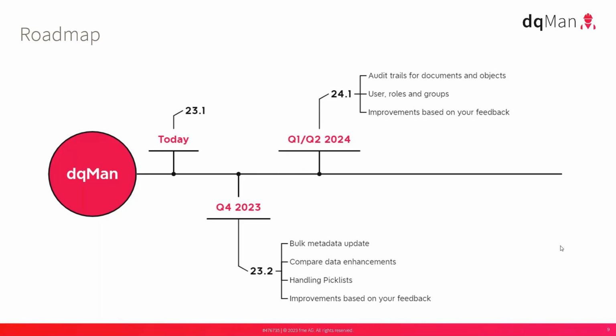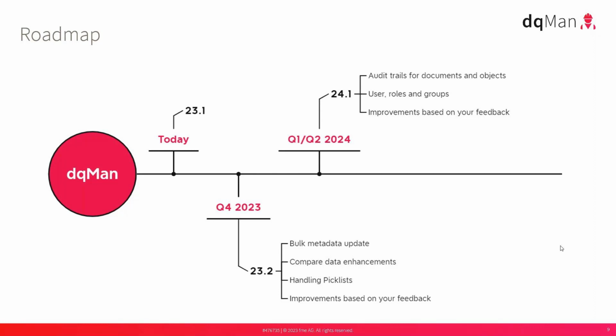The next release, 23.2, will be provided in the middle of Q4. In this release, we want to provide bulk metadata update capabilities, so you can easily update the metadata for multiple documents or objects.